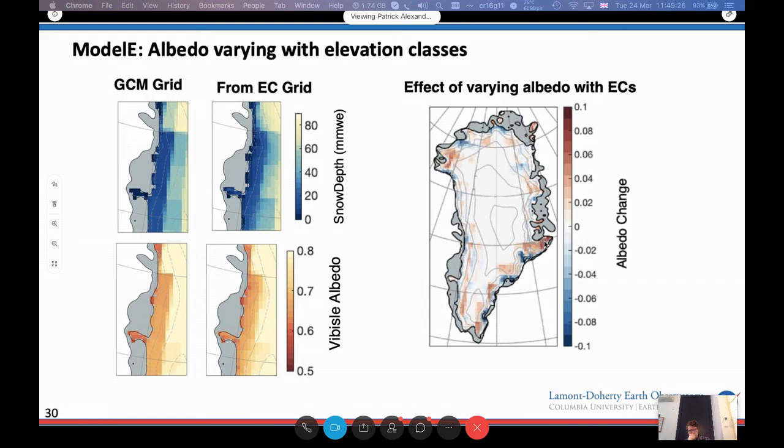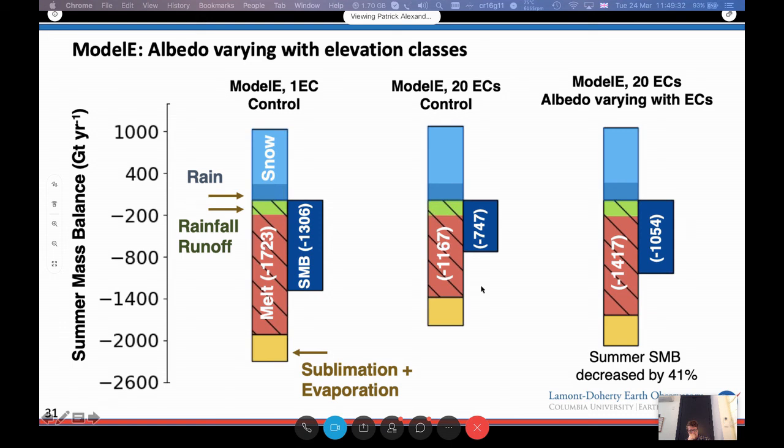And now I'm showing the summer surface mass balance. So that's why the surface mass balance is negative here, a little different from the previous plot. But here you see basically without elevation classes, or just one elevation class. When we increase to 20 elevation classes, we get a reduction in melt and a reduction in the magnitude of surface mass balance.